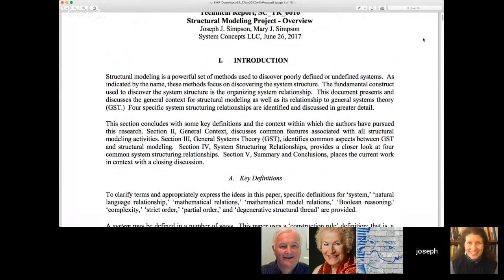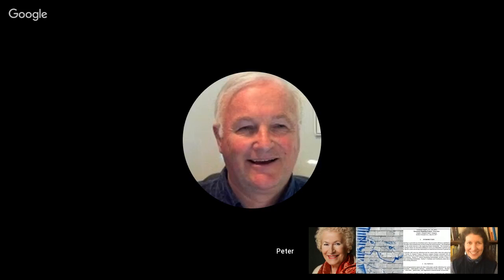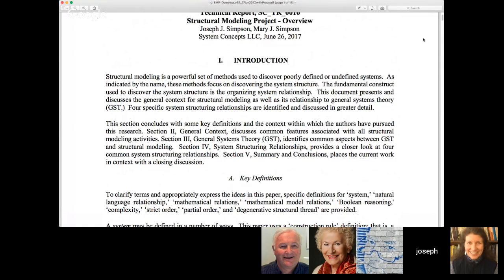So we're using natural language structuring relationships, and now we are assigning specific characteristics and attributes to those, and then we want to match from those attributes to the mathematics. So we need to make some distinctions within that group.